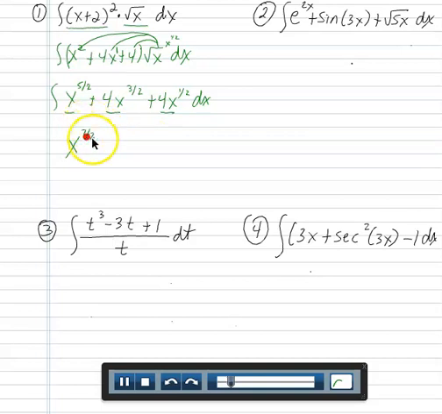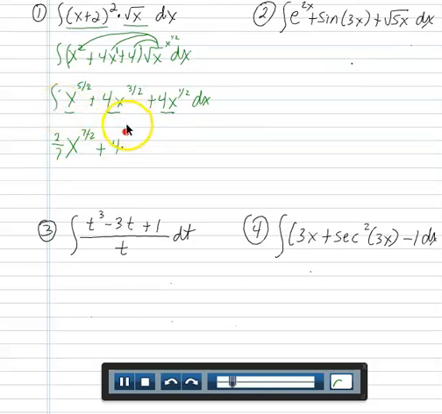Now when you take the derivative, you would bring the 7/2 out front, and notice up here the 7/2 didn't survive the differentiation process. So there must have been a 2/7 out front. 7/2 comes out front, runs into the 2/7, canceling everything out, decrease the power to 5/2, we're good.